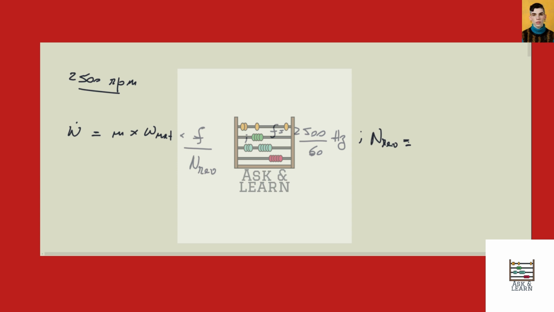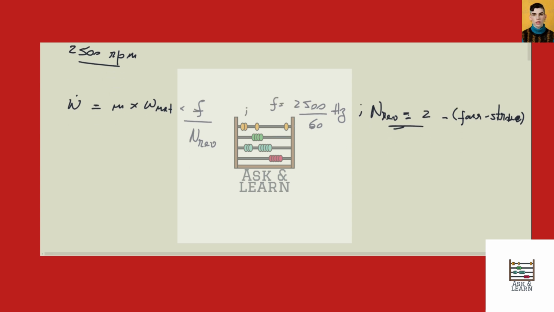It's something that we know about the type of engine. Since this is a four-stroke engine, that means that this engine makes 2 revolutions per cycle.